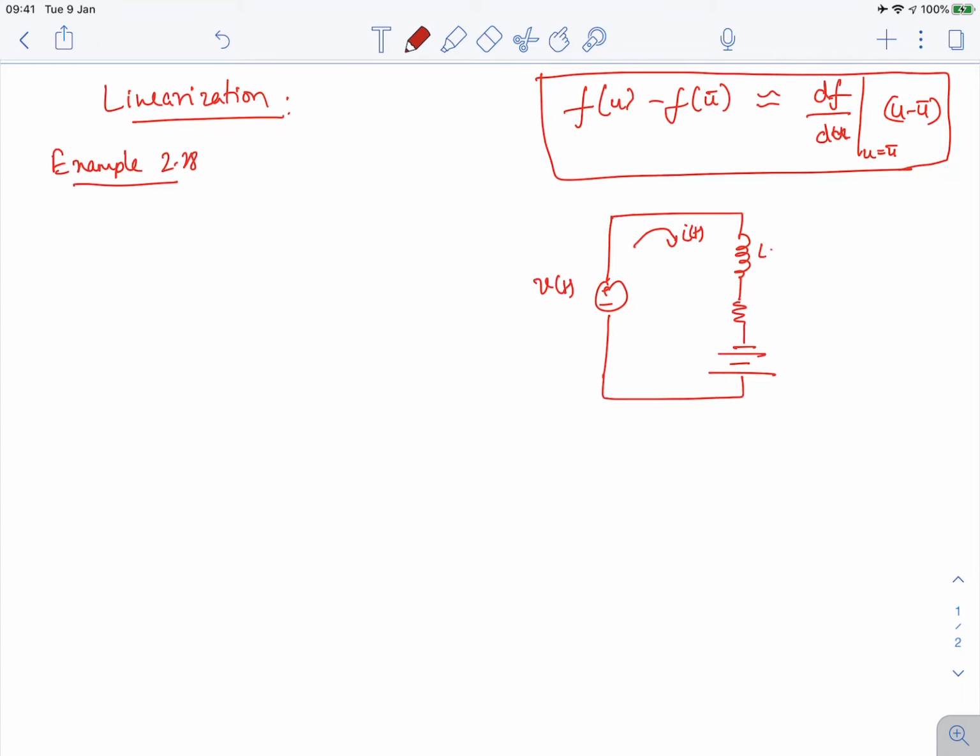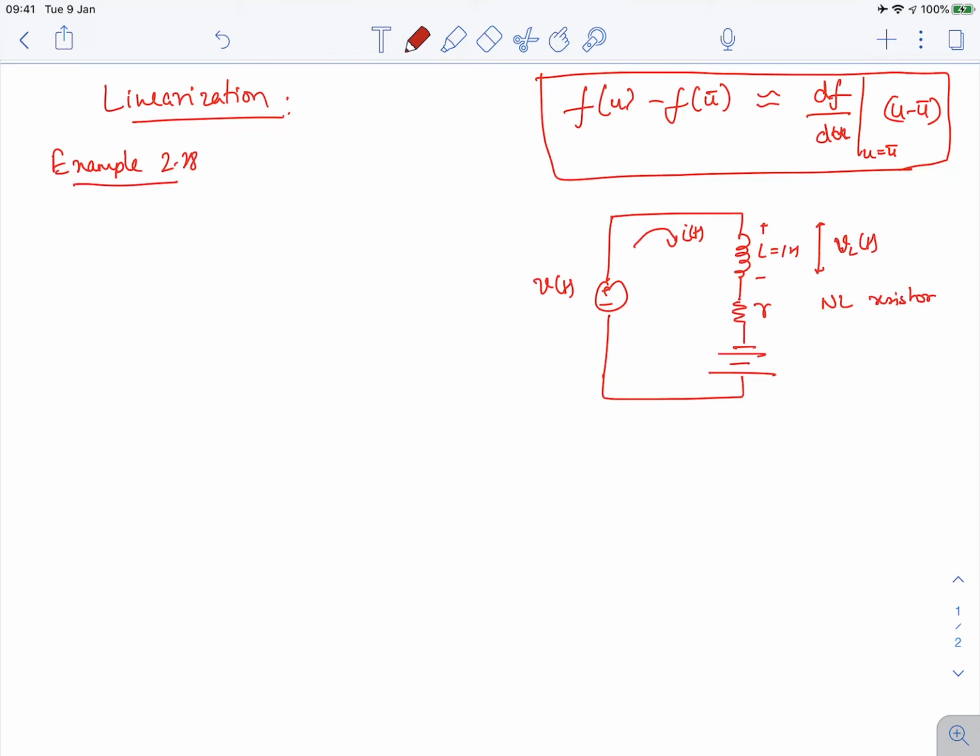Let's take the inductor of 1 Henry, and the voltage across the inductor, let's call it VL of t. Now this resistor, let's denote it by R, and this is a nonlinear resistor.